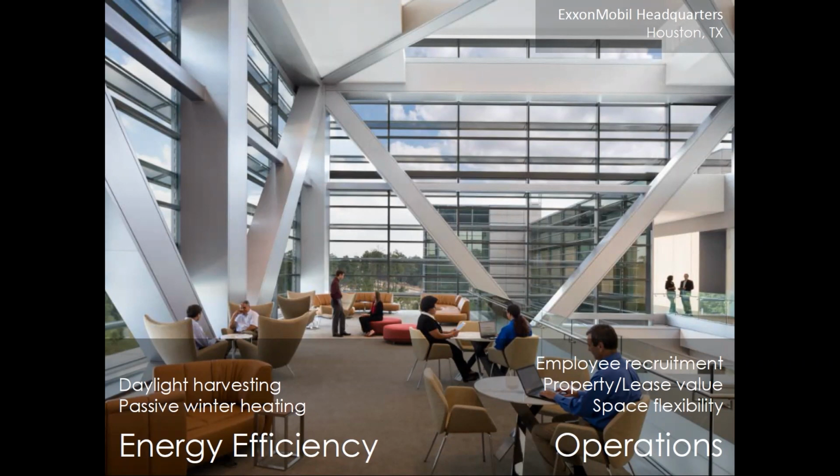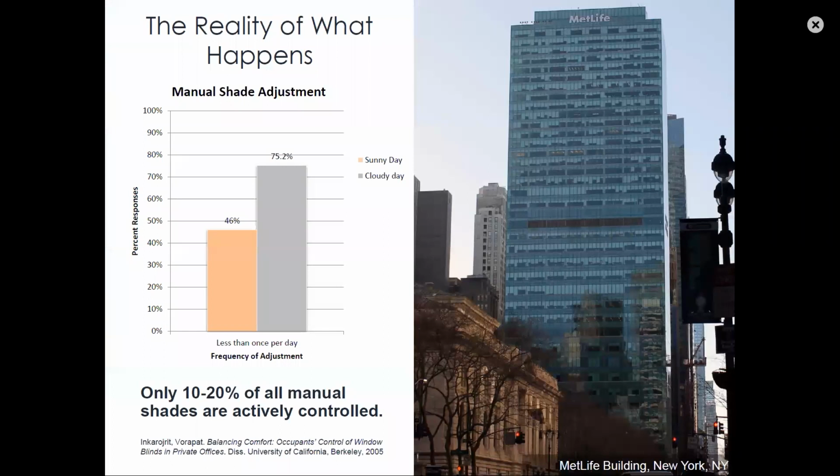But once you've taken care of those two systems, then the focus shifts to optimizing for energy efficiency. Daylighting systems are going to reduce the need for electric lighting, and when designed properly, can provide heating energy savings through solar heat gains. So what happens when we don't have an automated daylight system?